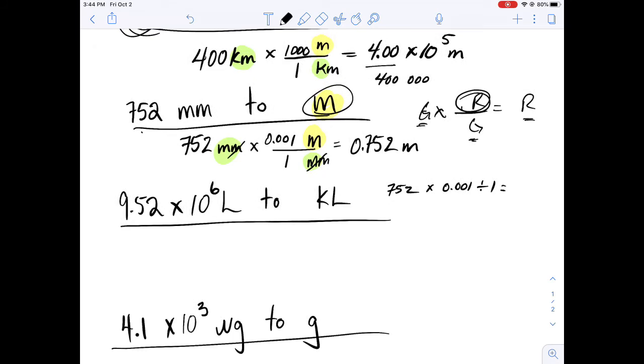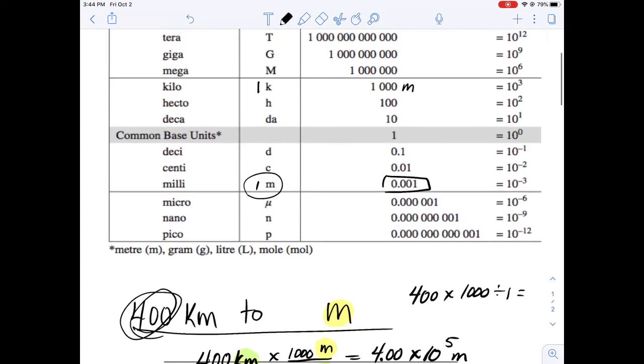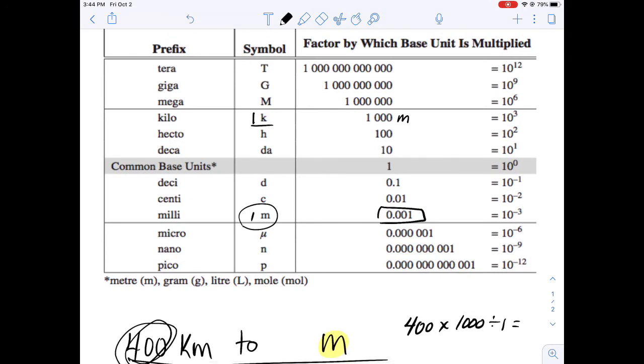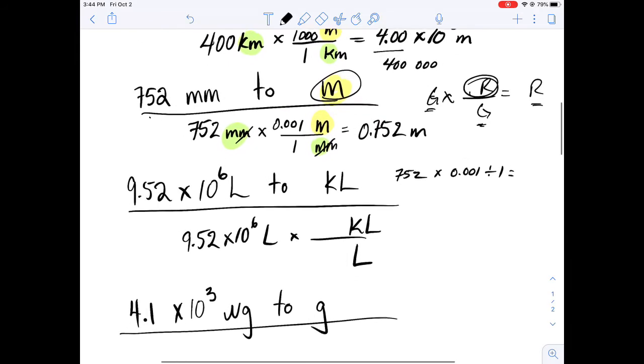For the next example, I'm not going to use meters, I'm going to use liters. It's another SI unit. I'm going from liters to kiloliters. So I've got 9.52 times 10 to the 6 liters. I want to get rid of liters and be left with kiloliters. So I need the relationship between kilo and the base unit. 1 kiloliter is 1,000 liters.